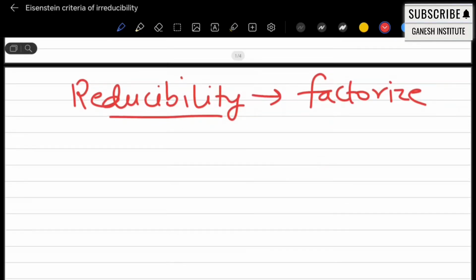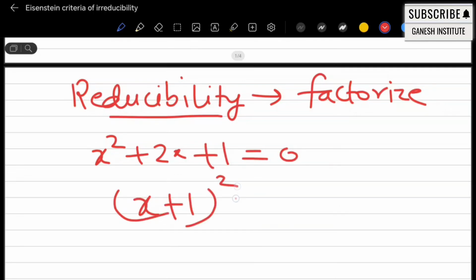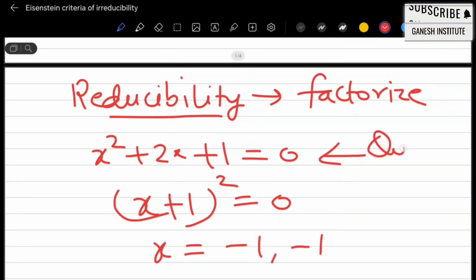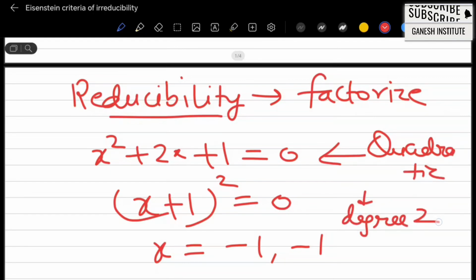For example, if I'm talking about x square plus 2x plus 1 equals 0, I can write it as (x plus 1) whole square, right? Because this is a quadratic equation, quadratic means degree 2, that is, the highest power of the variable is 2, that's why it is quadratic.